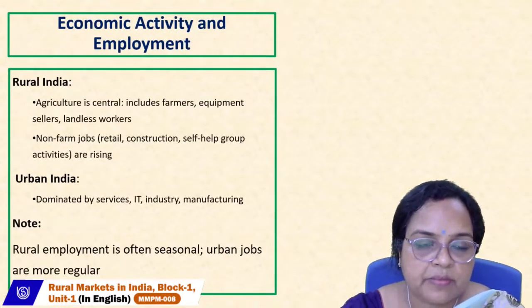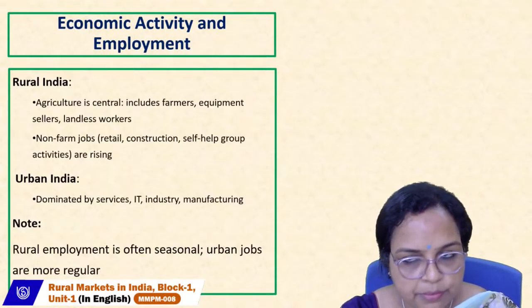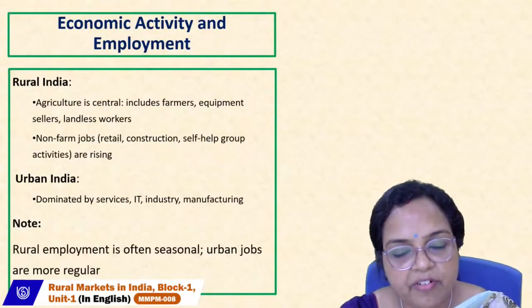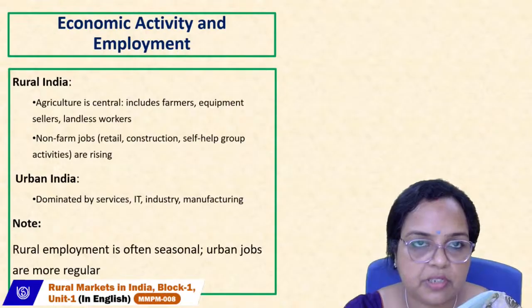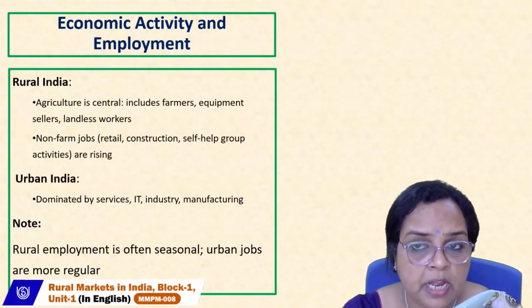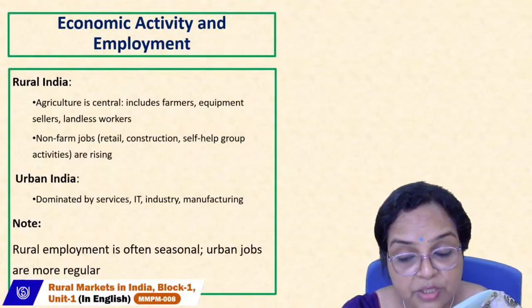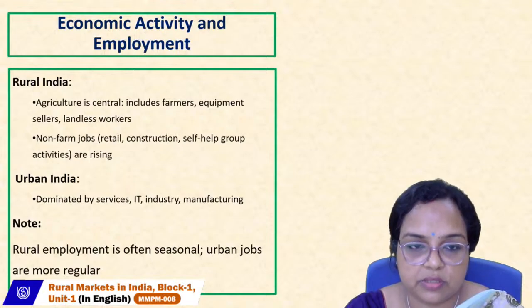What is the economic activity and employment in rural India? We all know agriculture is our backbone. We derive the major income source from agricultural activities. It includes farmers, and it also includes some associated jobs, so we normally call agriculture an ecosystem.